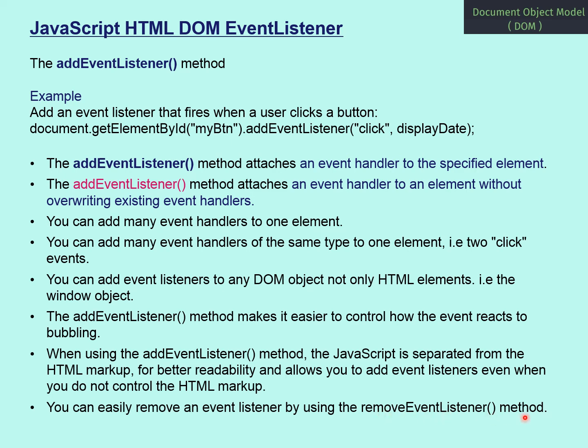So in order to add an event listener to our HTML component, we can use the addEventListener method. At the same time, if you want to remove an event listener from a particular HTML element, we can use the removeEventListener method. That is something we have to remember. Another point is that we can add any number of event listeners to an existing HTML element.